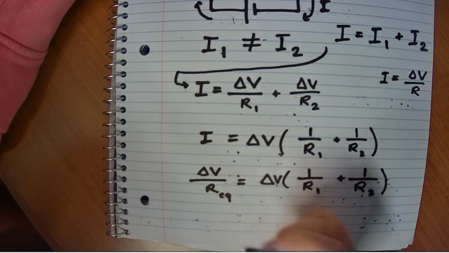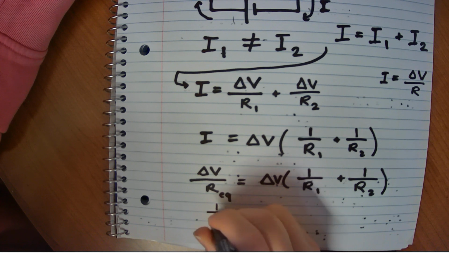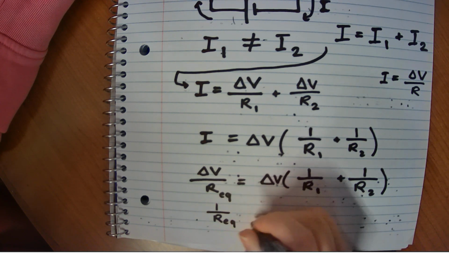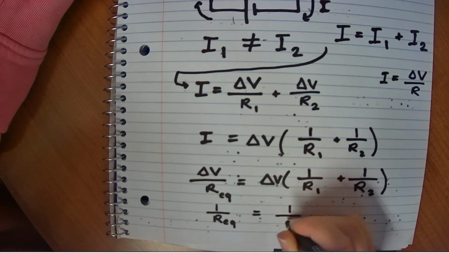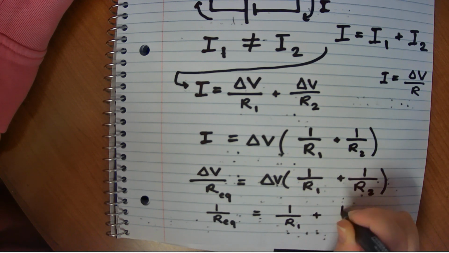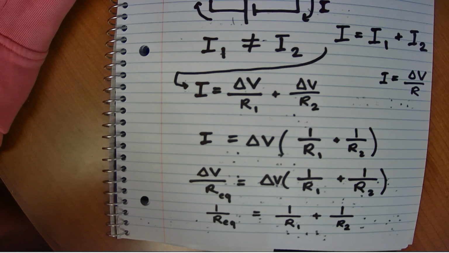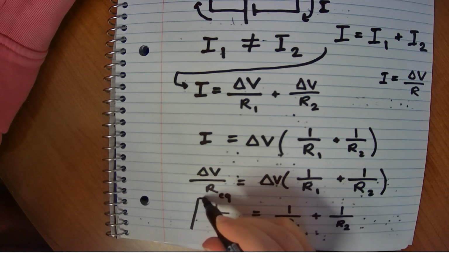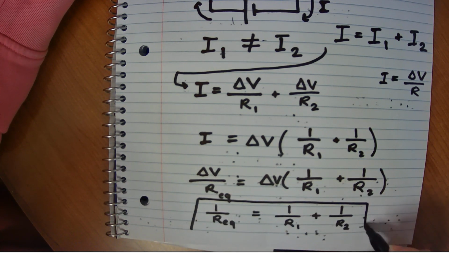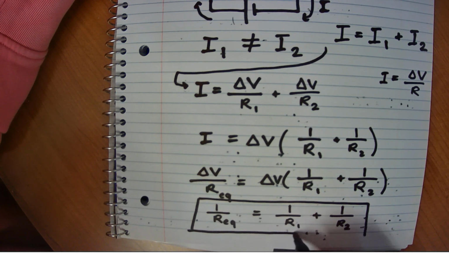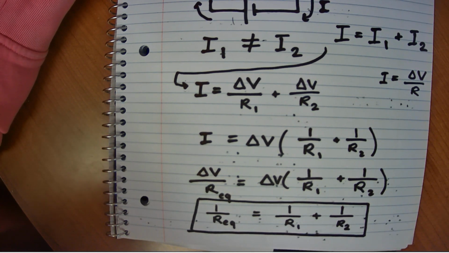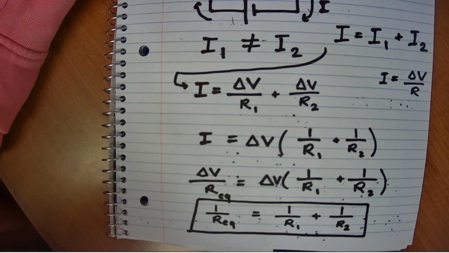We know that 1 over the equivalent resistance is equal to 1 over R1 plus 1 over R2. And this is how you find the equivalent resistance of a circuit in parallel.